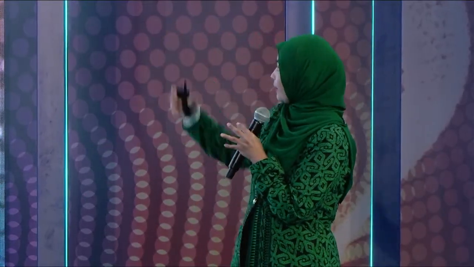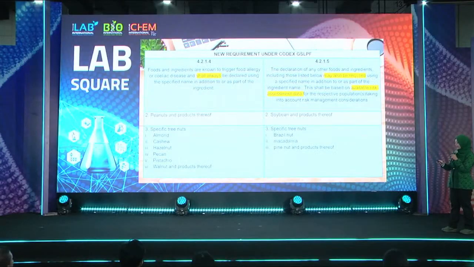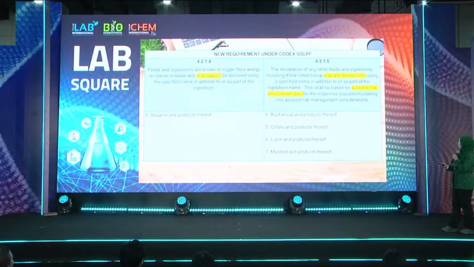And others like the tree nuts, as Ms. Darwisa mentioned, one specific tree nut is mandatory, and another part is not in the list of mandatory declaration, but it needs to have a risk assessment.